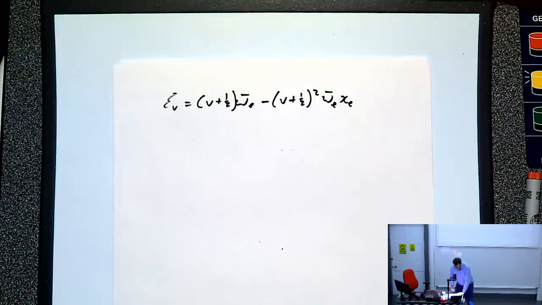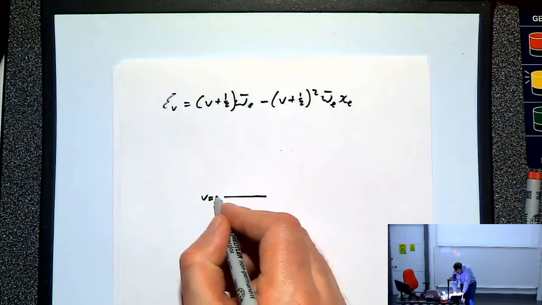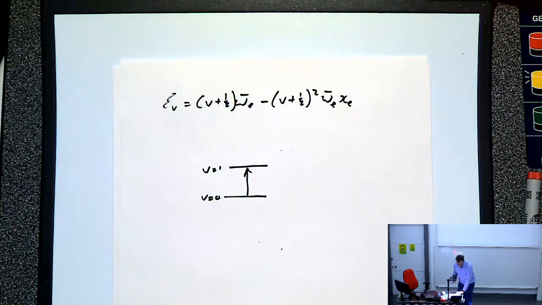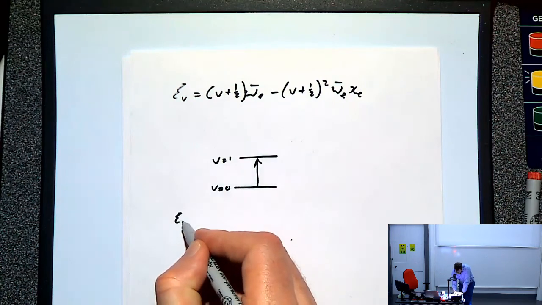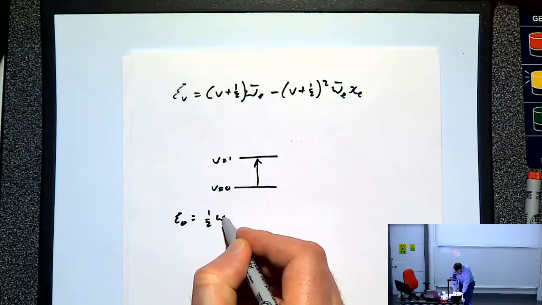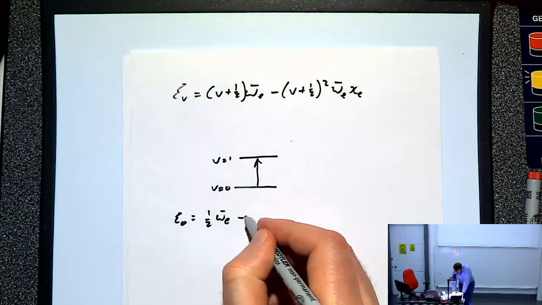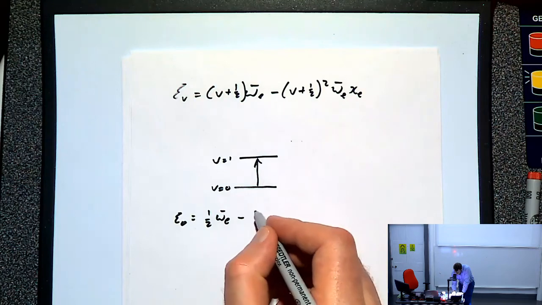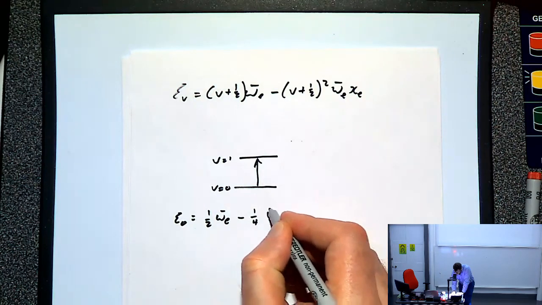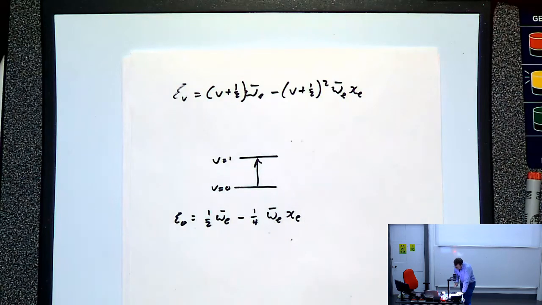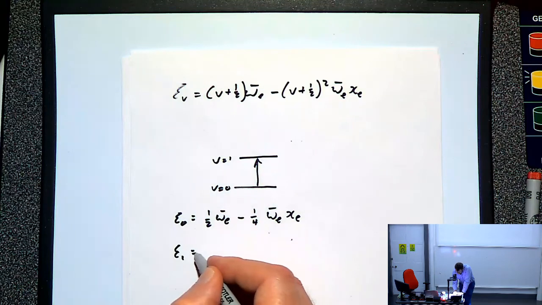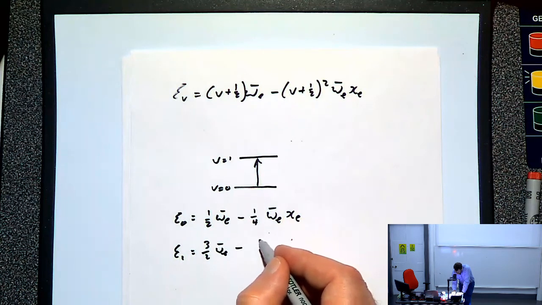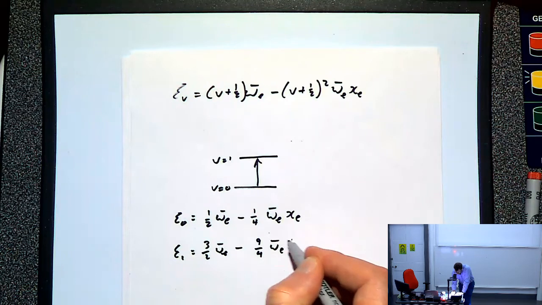So in vibrational spectroscopy, the v equals 0 to v equals 1 transition, which is what we want to know in spectroscopic terms, will be equal to, well, E0 is equal to a half omega bar e, minus a half squared, which is a quarter, times omega bar e x_e, and E1 is equal to 3 over 2 omega bar e minus 1.5 squared, so that'll be 9 over 4 times omega bar e x_e.